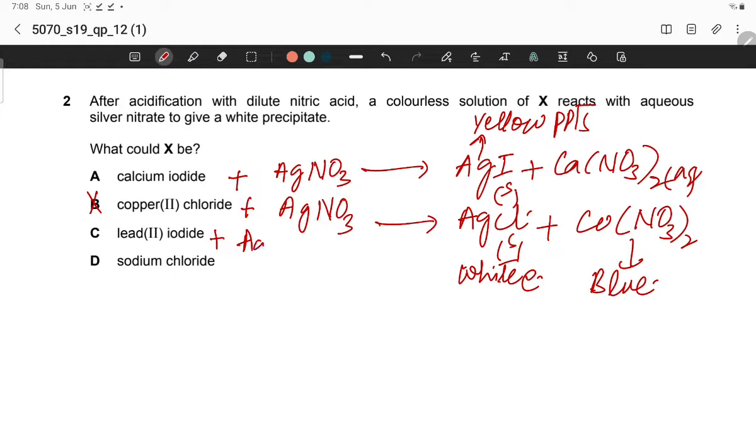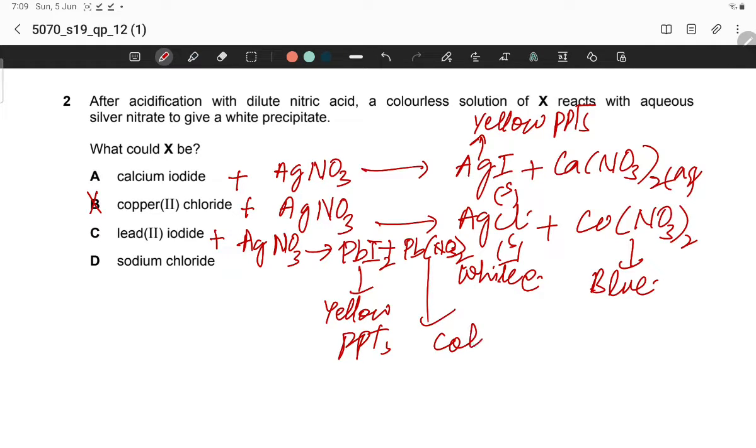Lead 2 iodide plus silver nitrate gives lead iodide and lead nitrate. This is a colorless solution but a yellow precipitate.